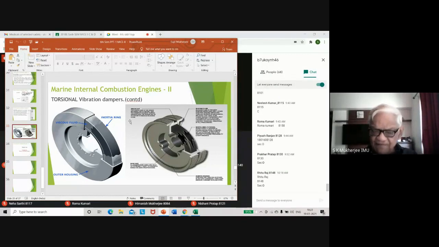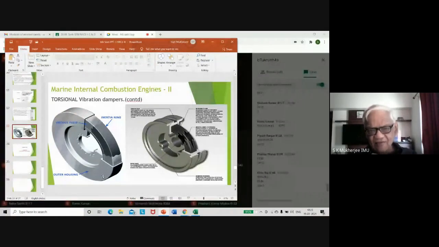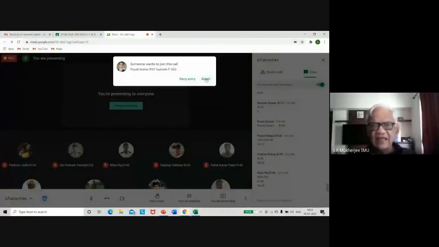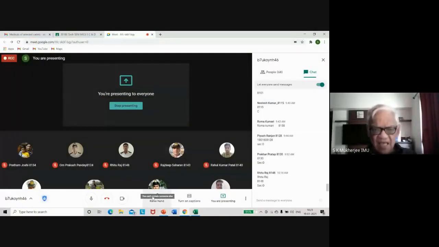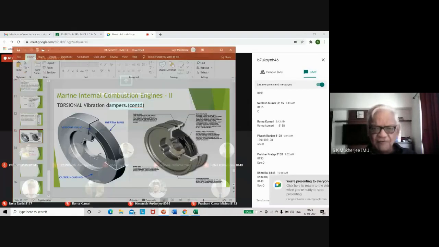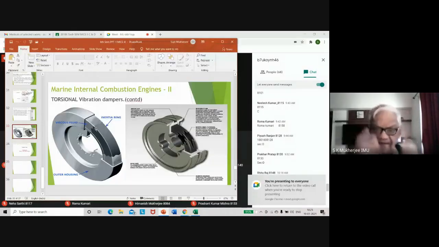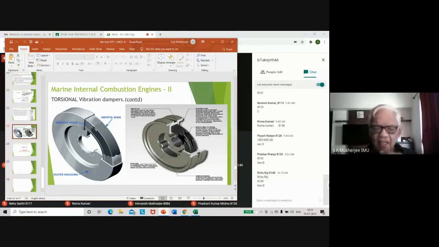So the shaft is fitted right at the center of this damper, and it consists of a casing. This is the casing that you see, and this casing has a hollow space, and this hollow space allows for a very heavy solid steel ring to be fitted inside. Along with the ring, they inject or fill up a viscous fluid.